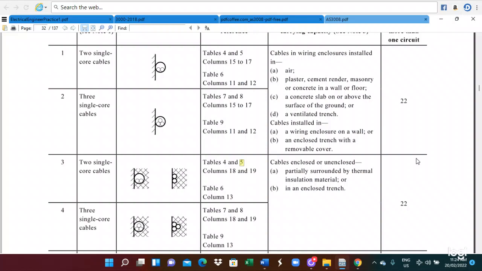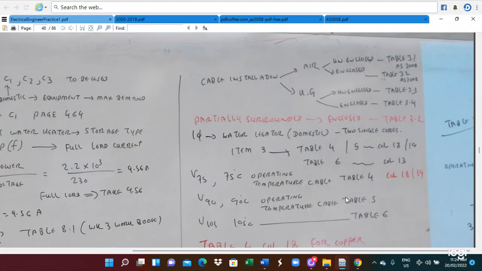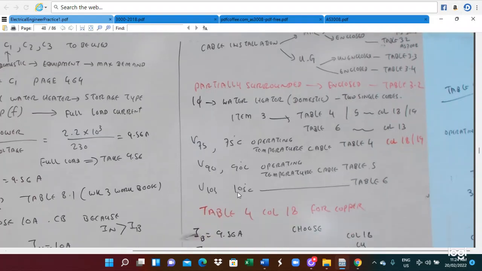So those tables refer to further tables. In this problem, we have partially surrounded insulation. Therefore, Table 4 is for the V75, Table 5 for the V90 and Table 6 for the V105.